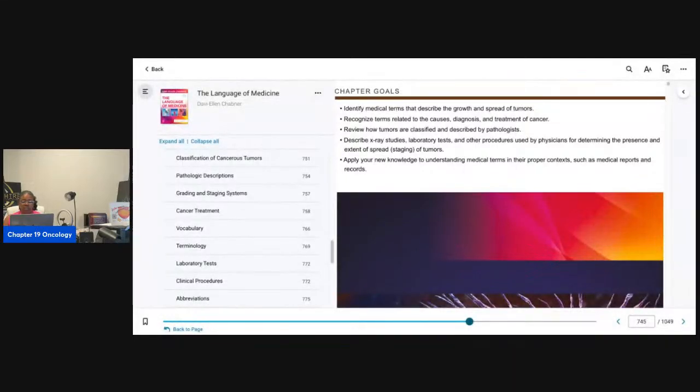Again, these are the goals for the oncology section here. I want to let you know what's in there. Identify medical terms that describe the growth and spread of tumors. Recognize terms related to the cause, diagnosis, and treatment of cancer. Review how tumors are classified and described by pathogens.